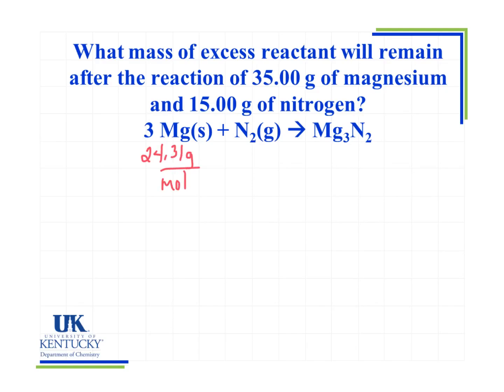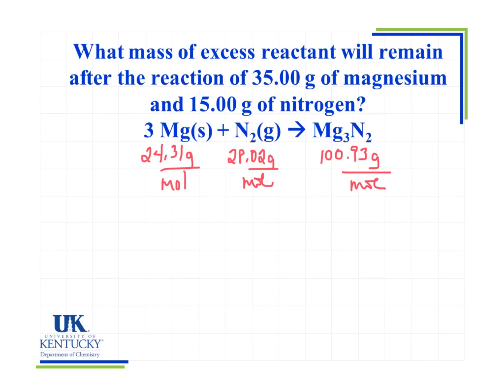For nitrogen, each nitrogen is 14.01, so my nitrogen is going to be 28.02 grams per mole. And then I can also find the molar mass of magnesium nitride, and I find that to be 100.93 grams per mole. So now I have all those numbers readily available when I need them.